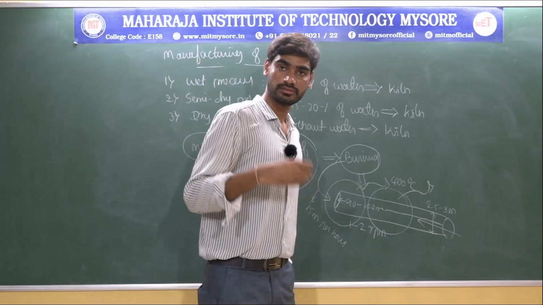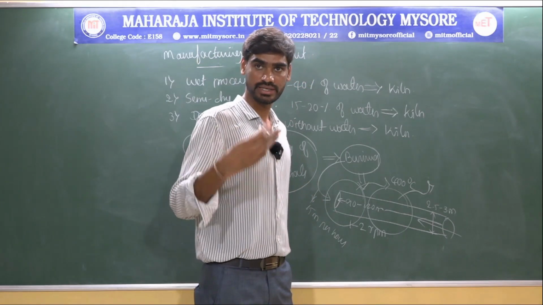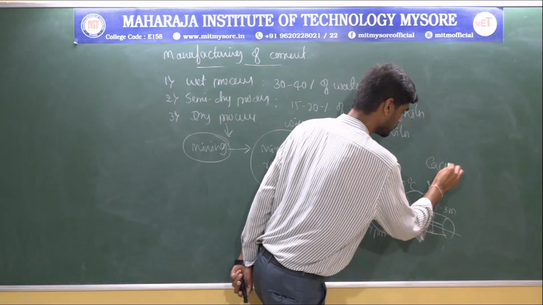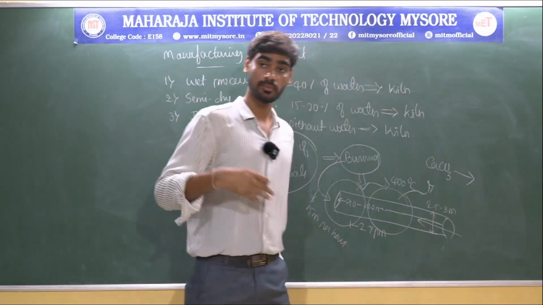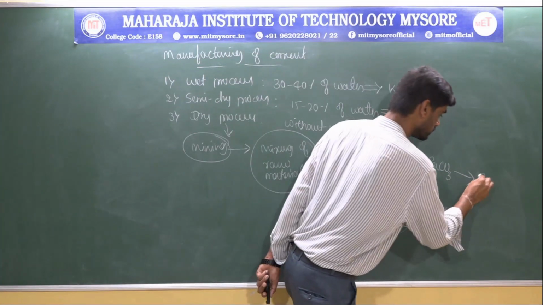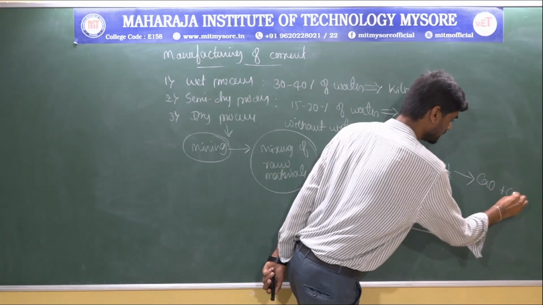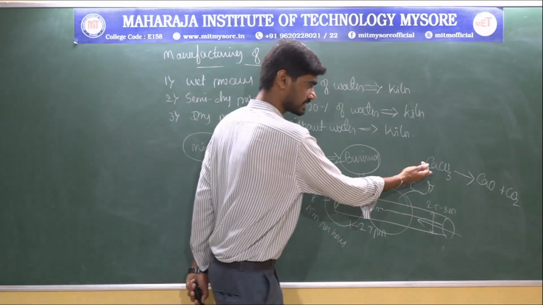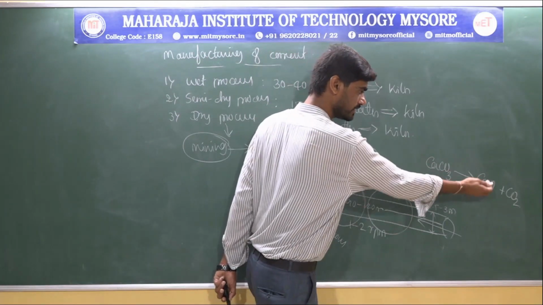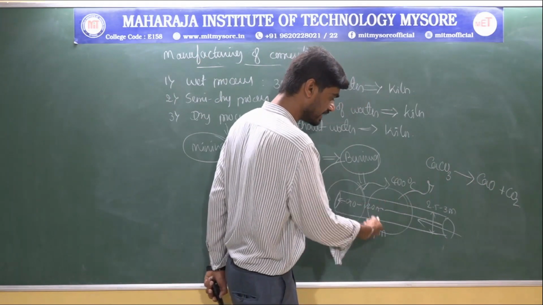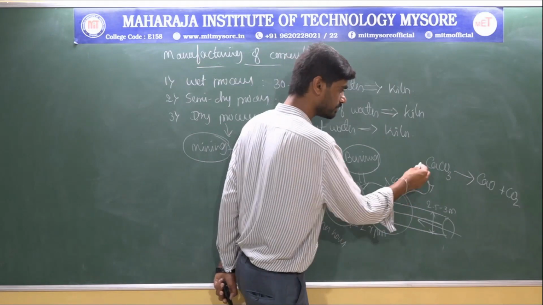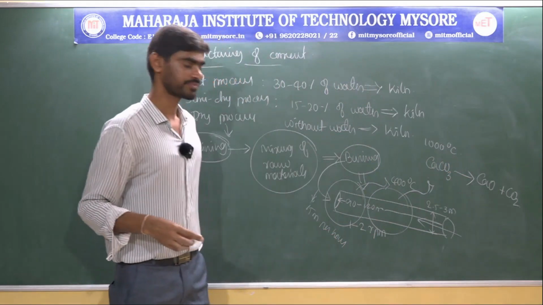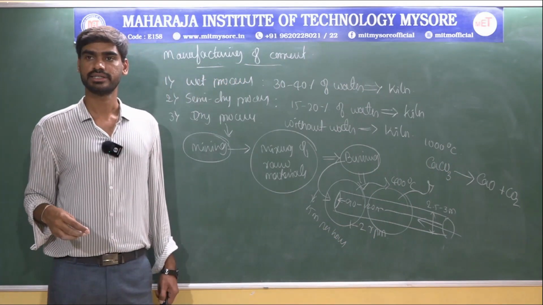The limestone, which we express in terms of calcium carbonate, CaCO3, is decomposed into CaO, calcium oxide, and gives rise to CO2, carbon dioxide. This decomposition of limestone into lime takes place at the middle region, at about 1000 degrees centigrade.